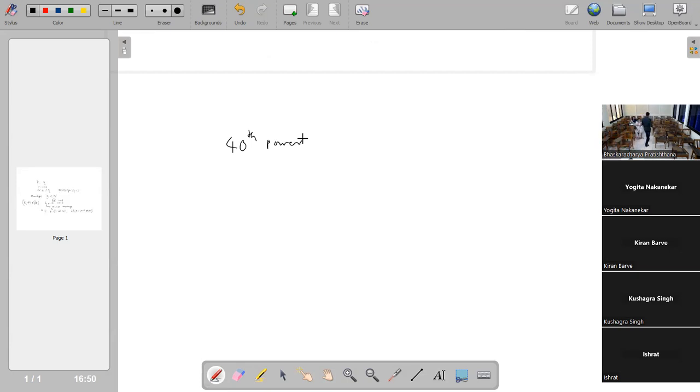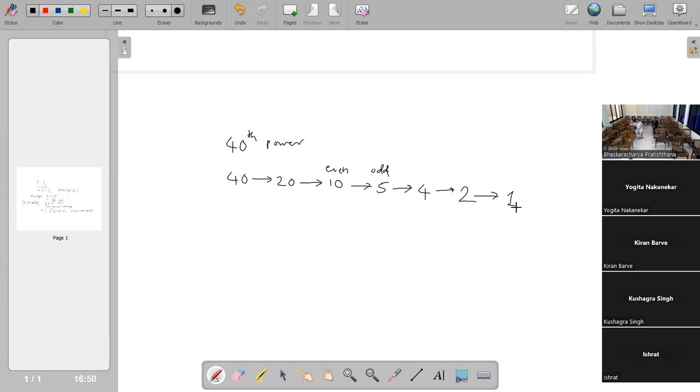Then you divide 40 by 2, you get 20, divide this by 2, you get 10. So even numbers you divide by 2, but if you get an odd number, instead of dividing, you subtract 1. So 10 divided by 2 gives 5, subtract 1 and you get 4. Then divide by 2 and you get 2, divide by 2 and you get 1, then you stop.